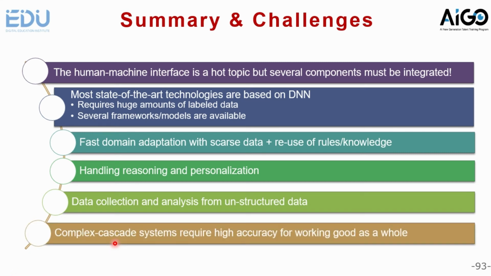And the last one is that this complicated cascade system usually requires very high accuracy for each component, because if you want good performance on the user side, you want high accuracy for each component. Otherwise, based on the multiple interactions, if one component performs poorly, then the final performance will be degraded.